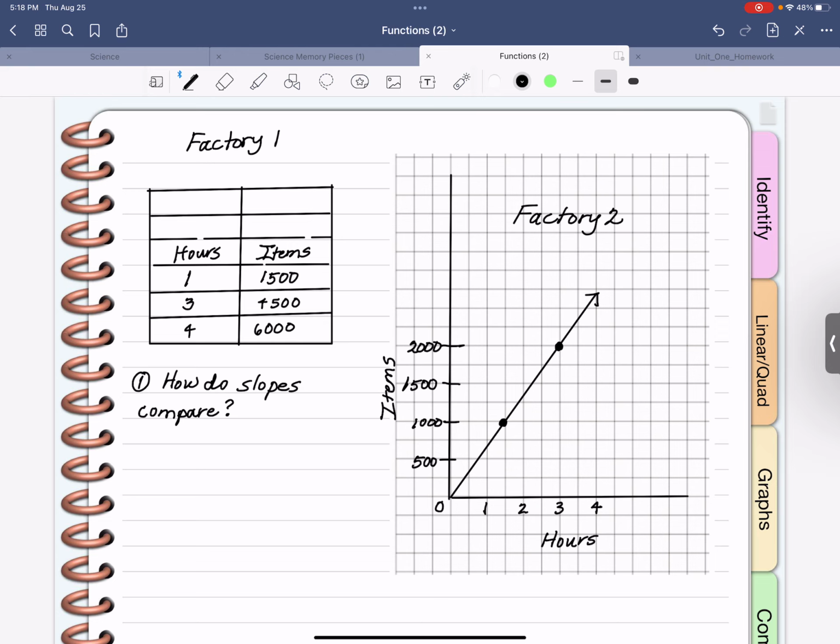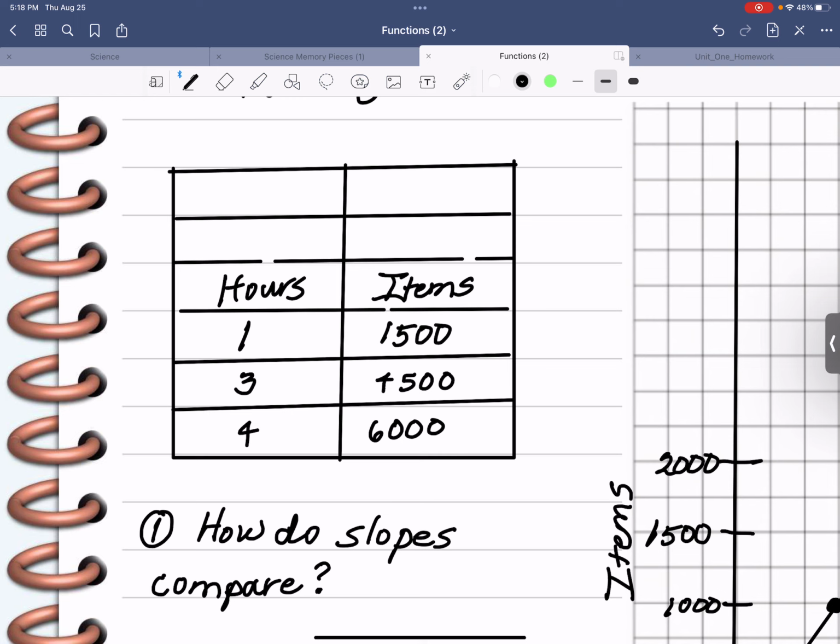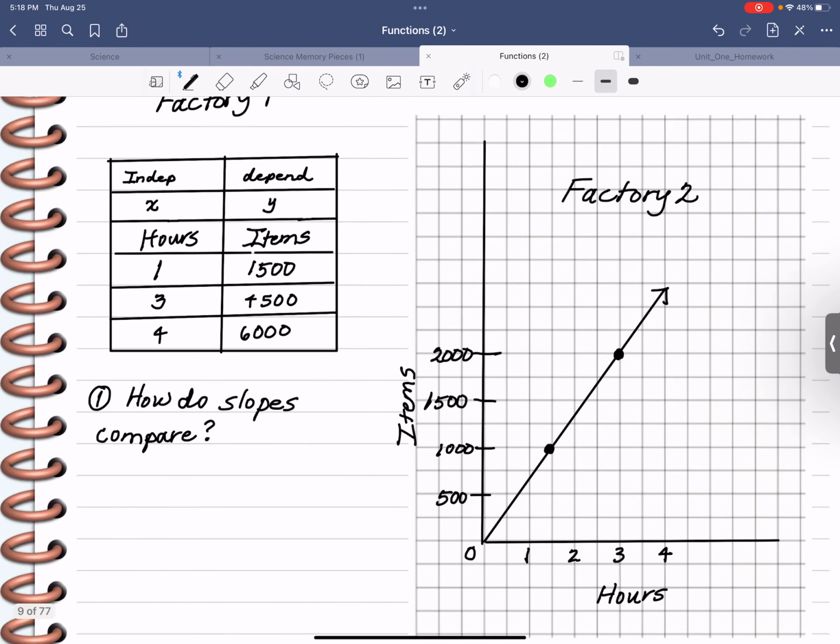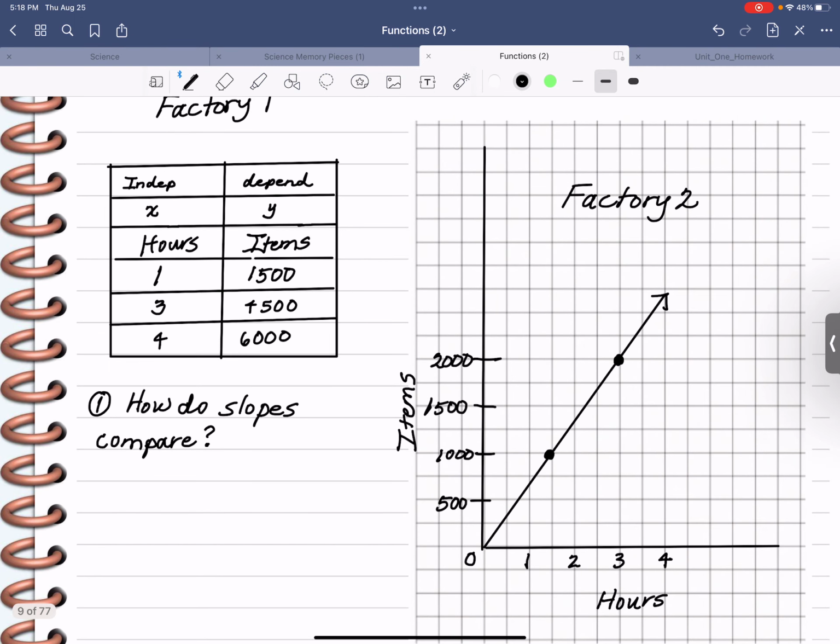Okay, so first of all, this is the table that I was given, except I've added 2 rows up here because I want to remind you that the independent variable is the x and the dependent variable is the y. And the same is true on this graph. So that would be one thing that I would want to compare. Are the variables in the right places on both graphs?